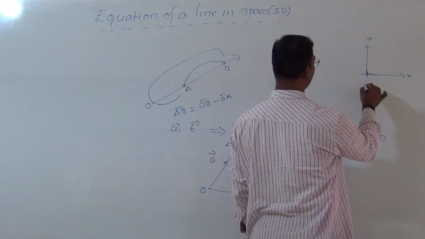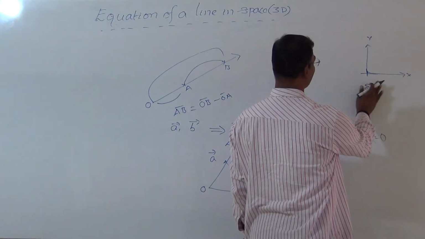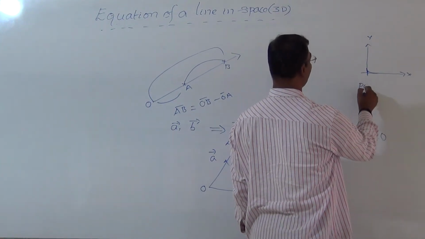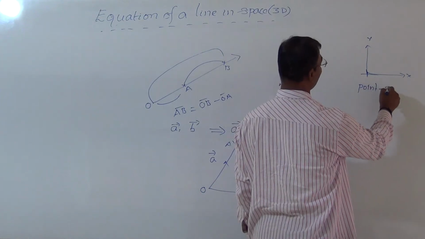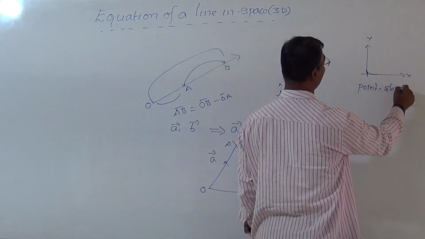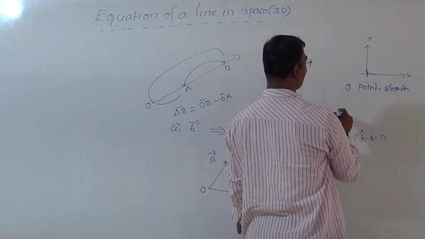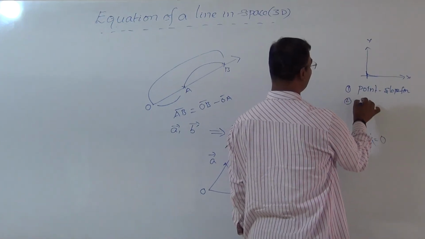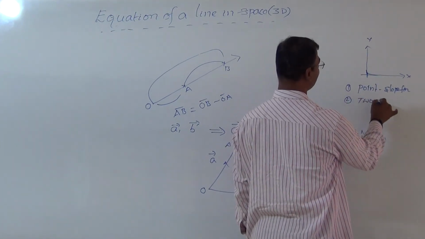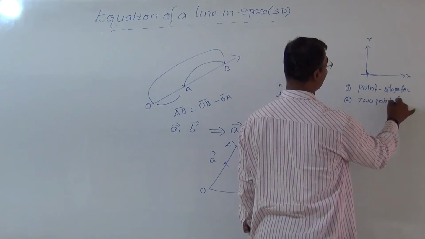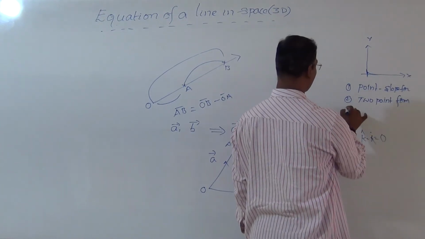The first one is point slope form. Second one is what? Two-point form. What is the third one?